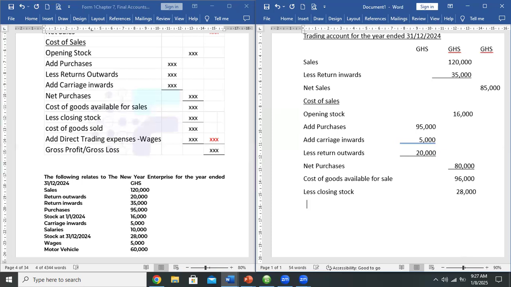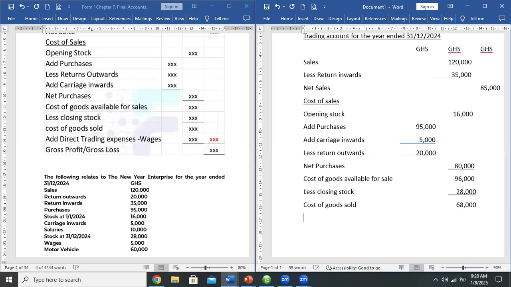And when we less that, we get the cost of goods sold. $96,000 minus 28,000. That's 68,000. Okay, cost of goods sold.